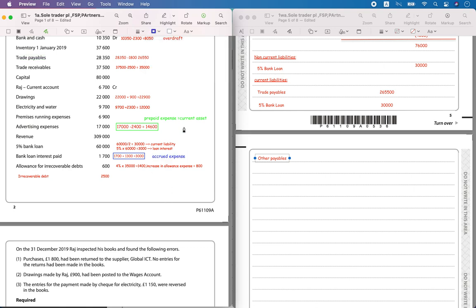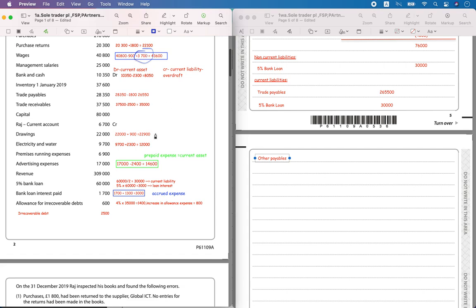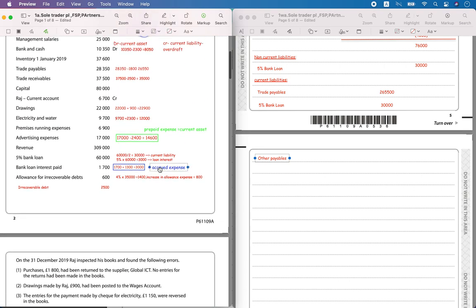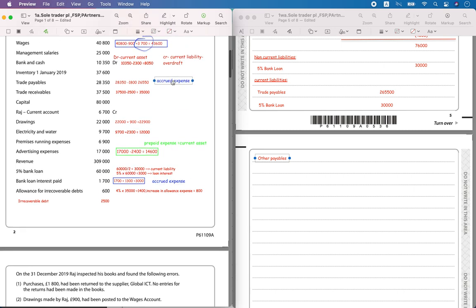Accrued expense. So even the wages had become accrued. So I'm calling it an accrued expense, which is a current liability or an other payable.